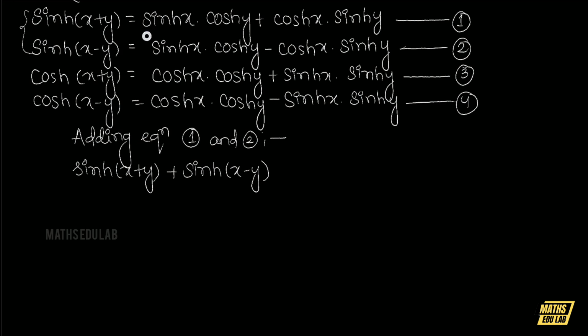If we add these two, sinh x cosh y and sinh x cosh y give 2 sinh x cosh y. And the other two values get cancelled out, so there is nothing to write. So this is the formula we got for sinh(x+y) plus sinh(x−y).